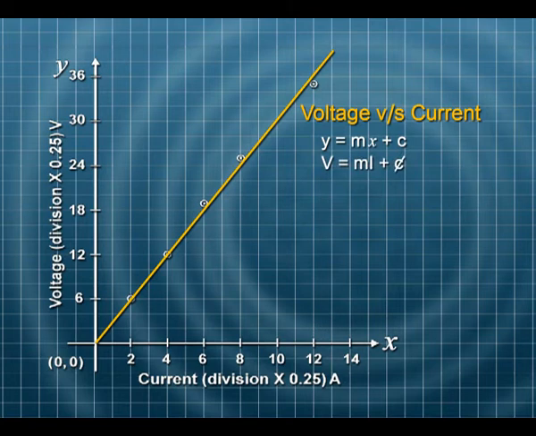So, c need not be included in the equation, and so V = mI is the equation of this line. The slope of the line in this case has a physical significance. What is the physical significance of this slope? m = V/I, which is our resistance. So, the resistance of the wire would come out to be the slope of this line.